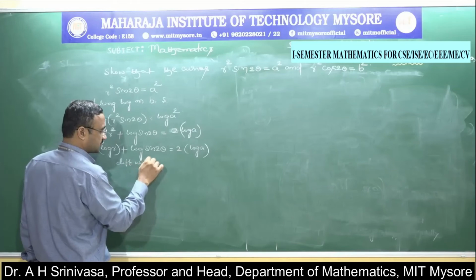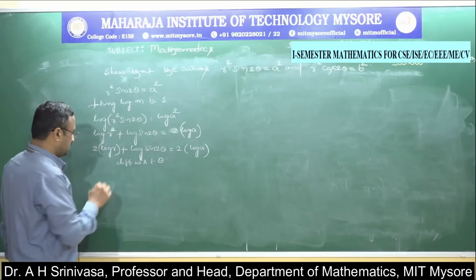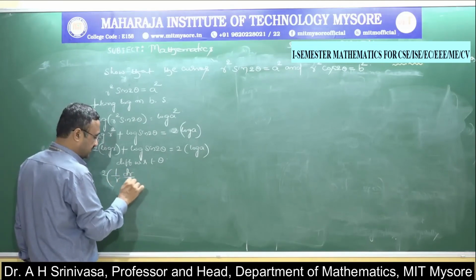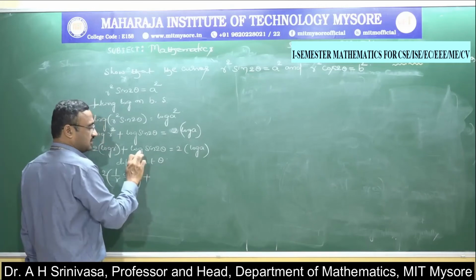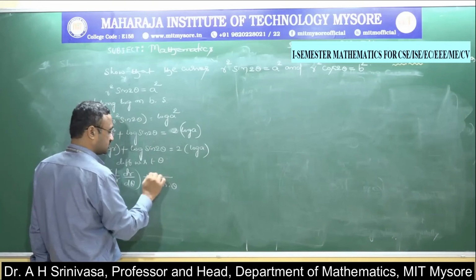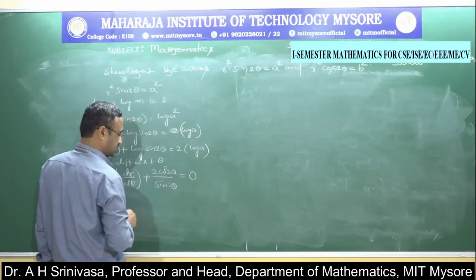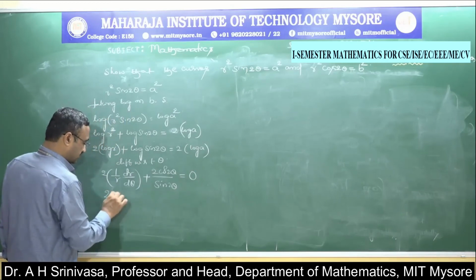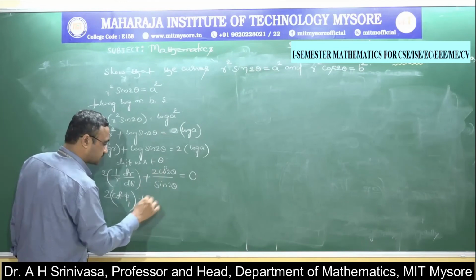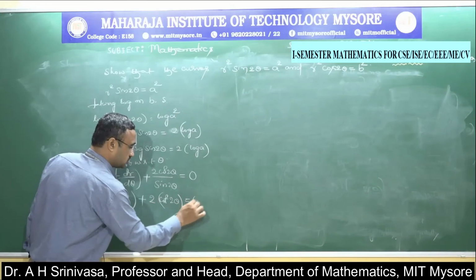Differentiate with respect to theta. Now I'm going to differentiate this one with respect to theta. We get 2 times 1 by r dr by dθ plus the logarithm function, sin 2θ, written as it is. The differentiation of this one is 2 times cos 2θ equal to 0. Then 2 times cot phi 1 plus 2 times cot 2θ equal to 0.